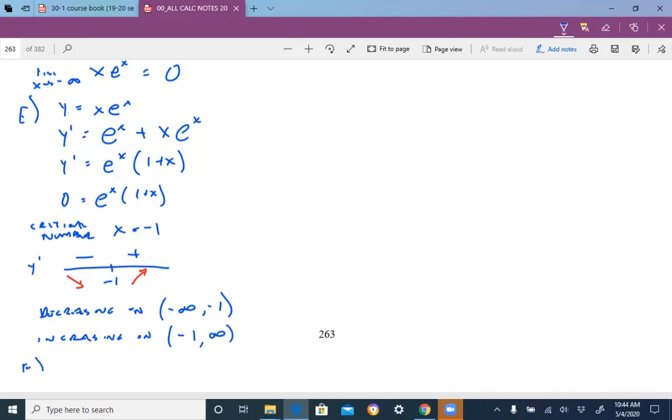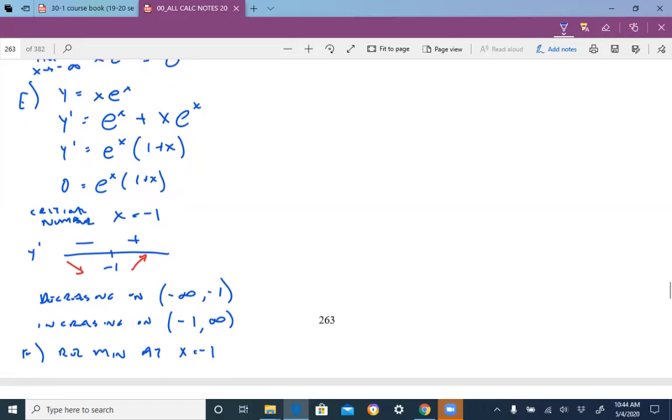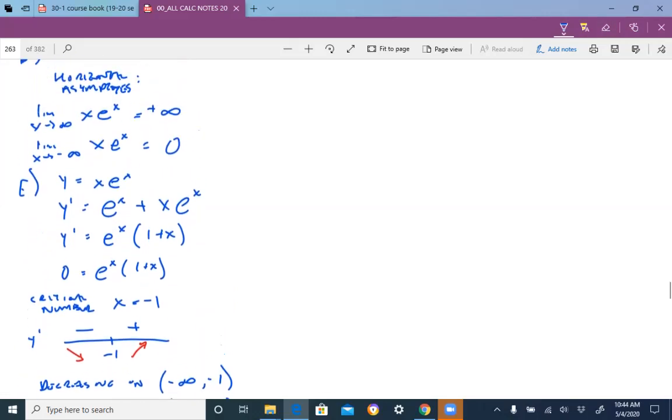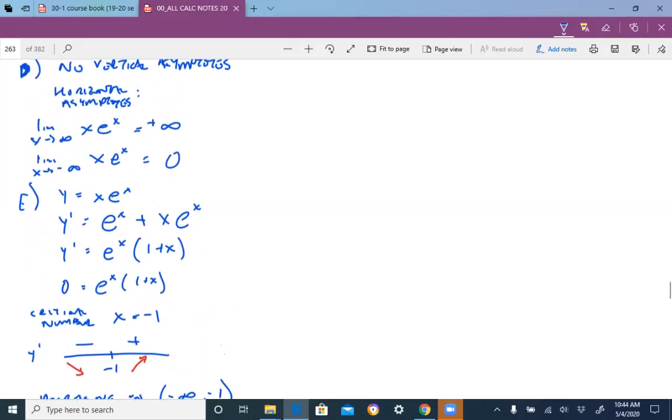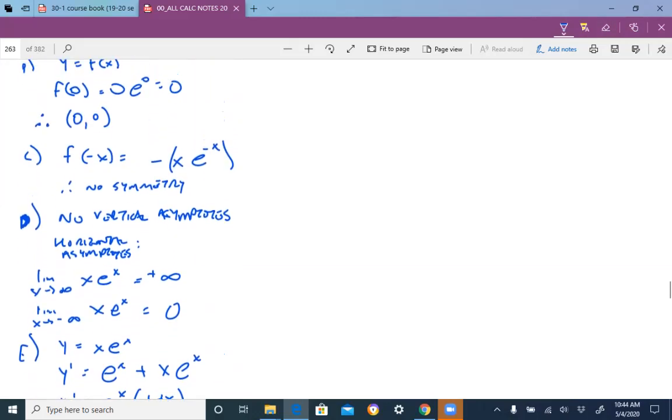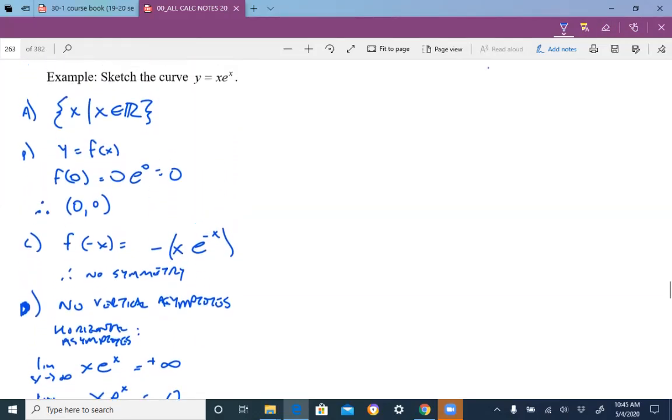Therefore, part F, we have a relative minimum because it's decreasing and then increasing. So we had a relative minimum at x equals negative 1.